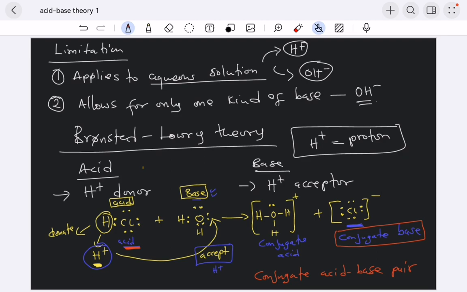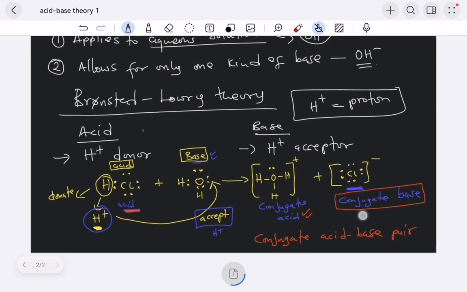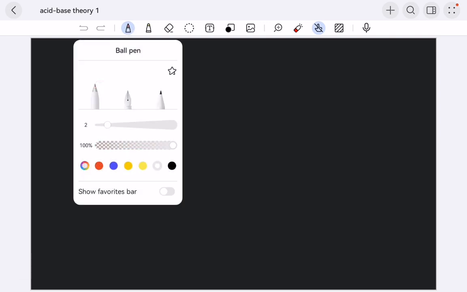When a base accepts or gains a proton, it becomes a conjugate acid. This leads us to a general equation.